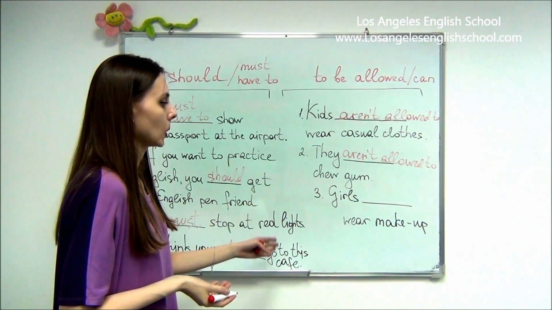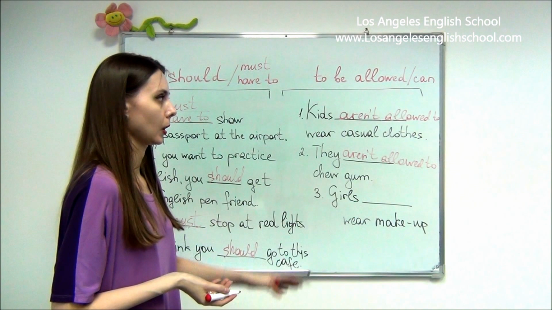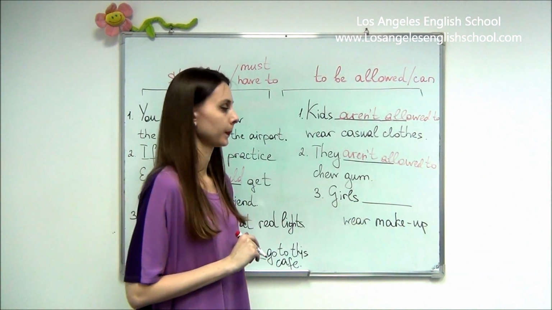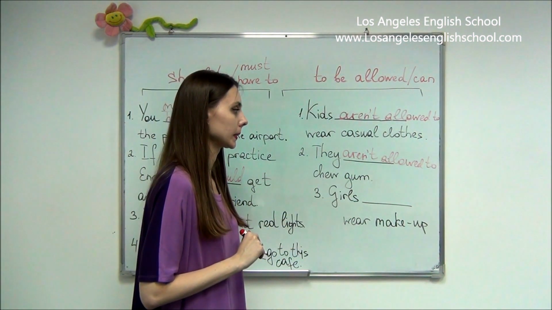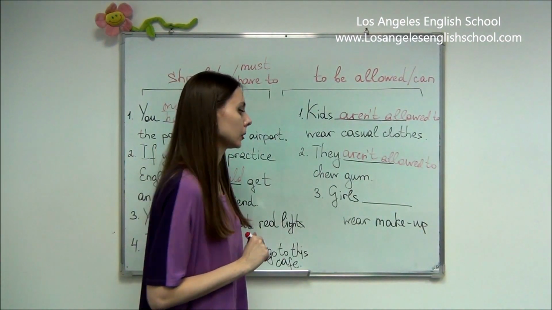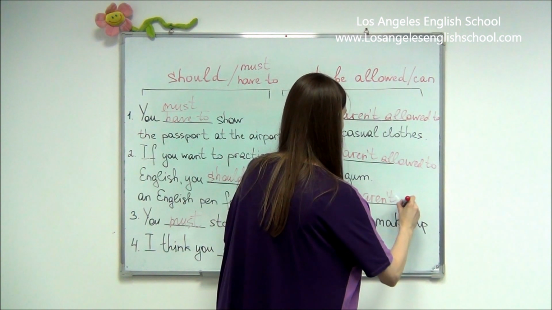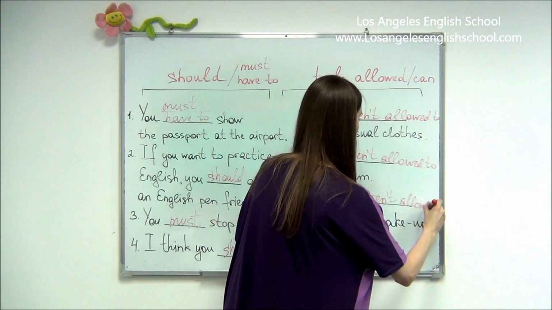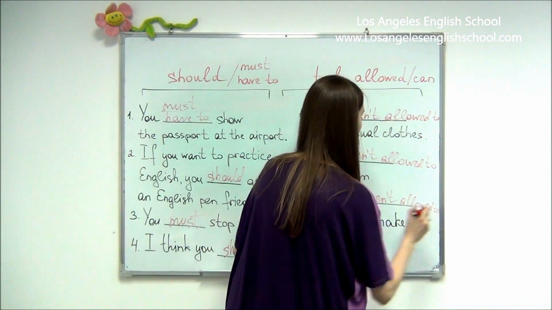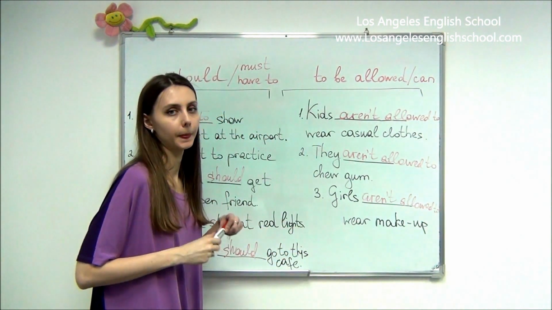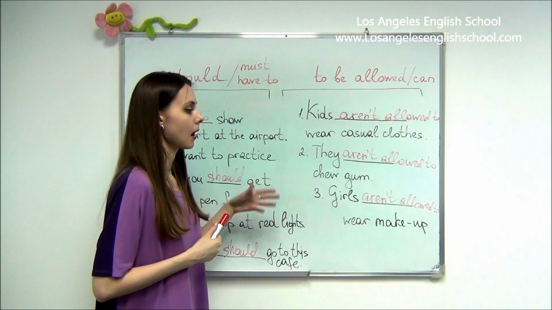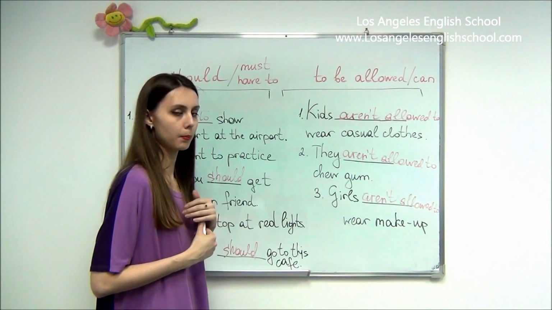And the final one: girls wear makeup. Girls can't wear makeup. And the same: girls aren't allowed to wear makeup. So let's repeat again. Girls aren't allowed to wear makeup.